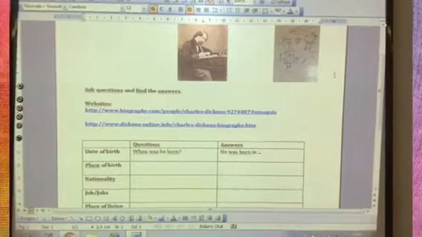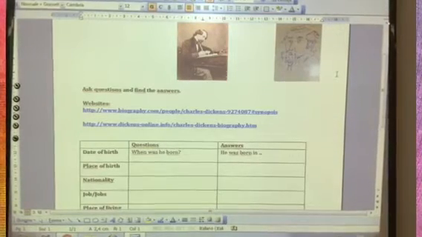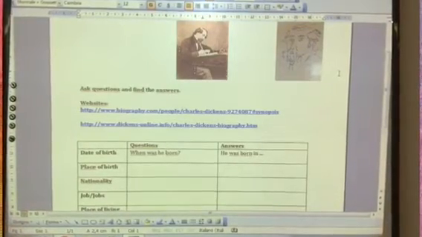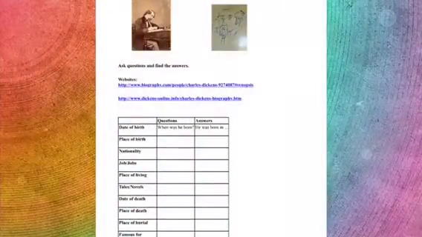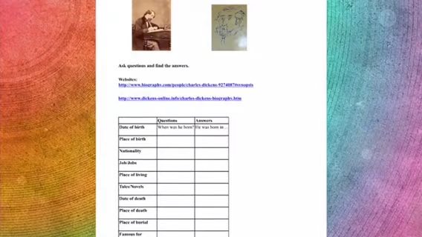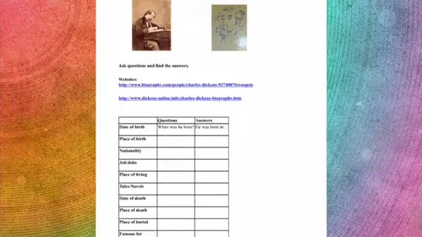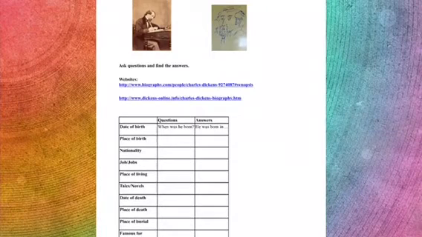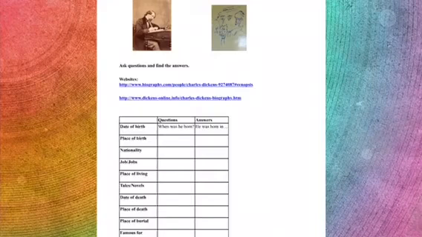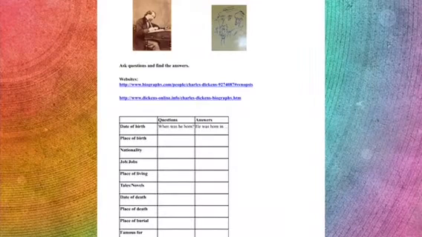So they had websites and questions to create and answers to give. For this activity, they worked in small groups and they had to create the questions first and then go to the internet using their mobiles, the tablets or the computer, and answer the questions.